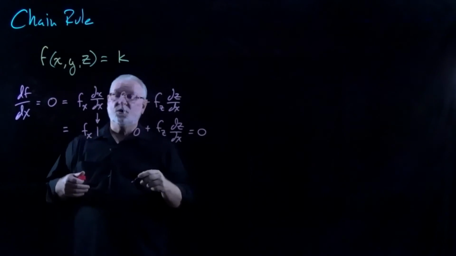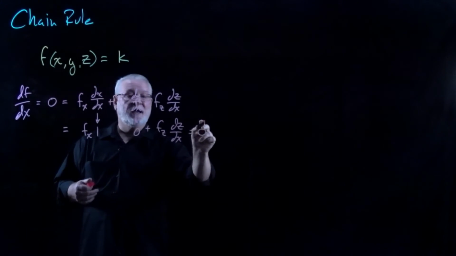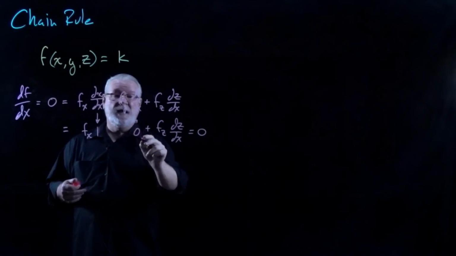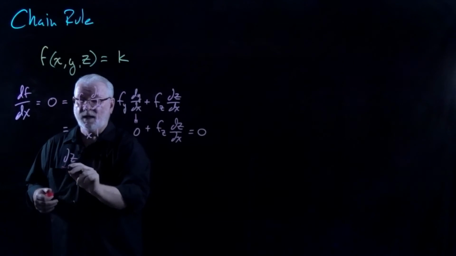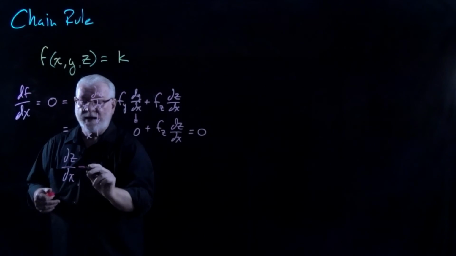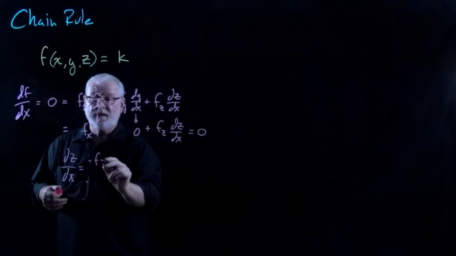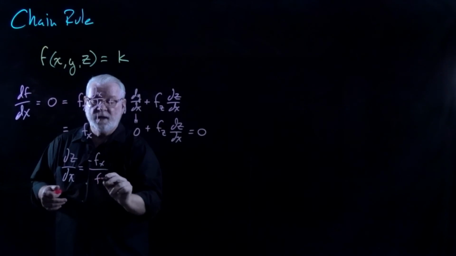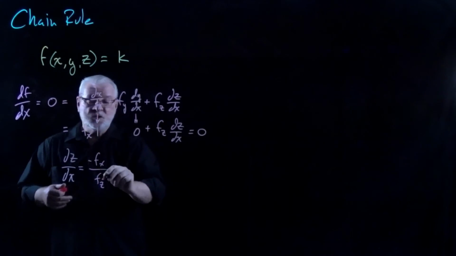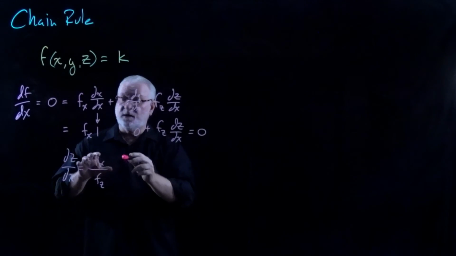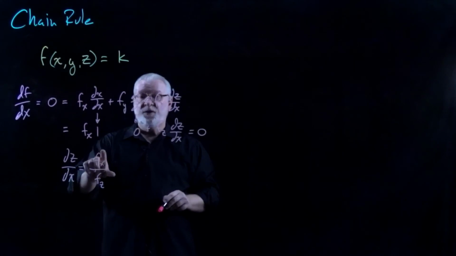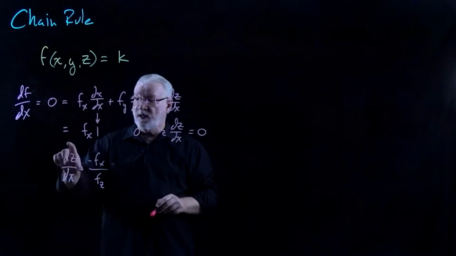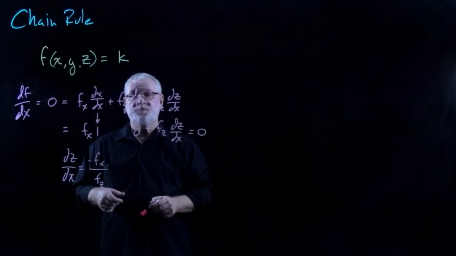So you can see what I can do. I can move the partial with respect to x to the other side. That'll be negative. I can divide by the partial of z, and the partial of z with respect to x will be equal to negative fx over fz. And so that's the answer. If I just take the partials of x and z of the original f, their ratio fx to fz will be the partial of z with respect to x.